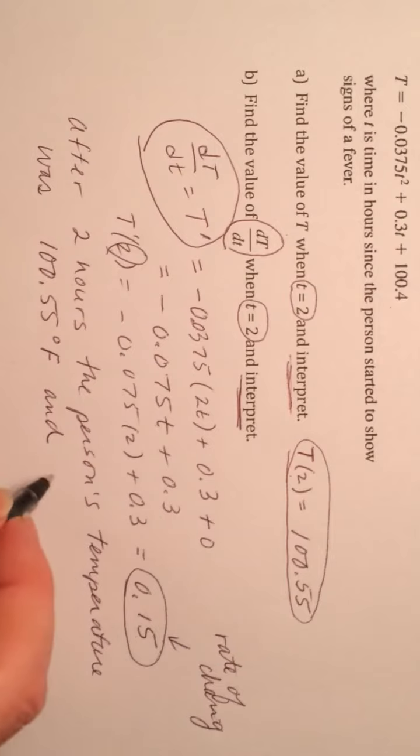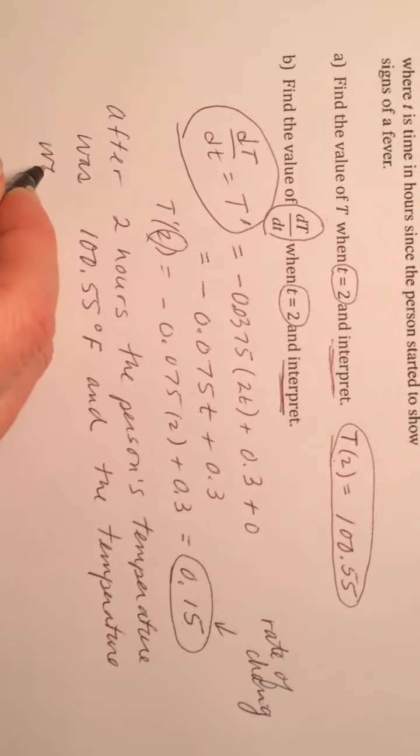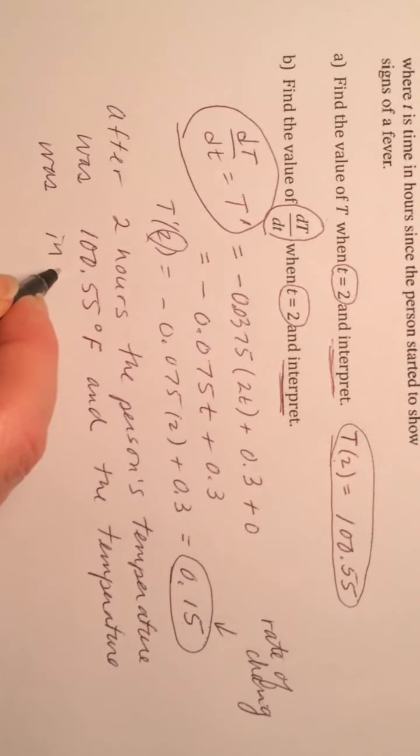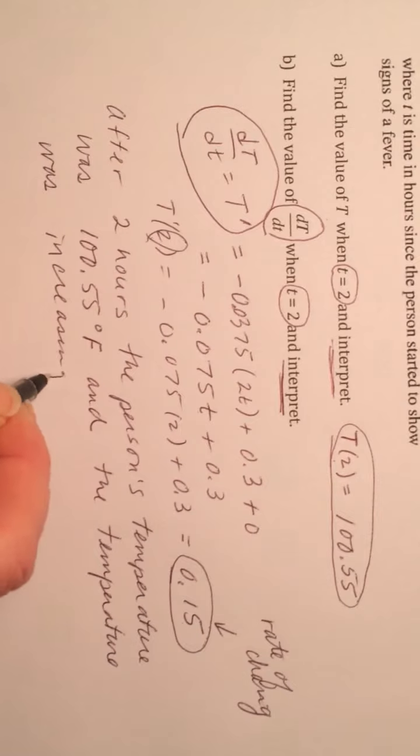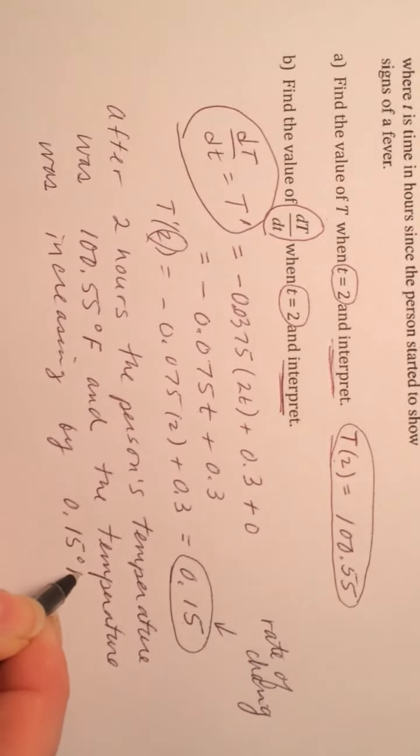And so the temperature was increasing by 0.15 degrees Fahrenheit per hour.